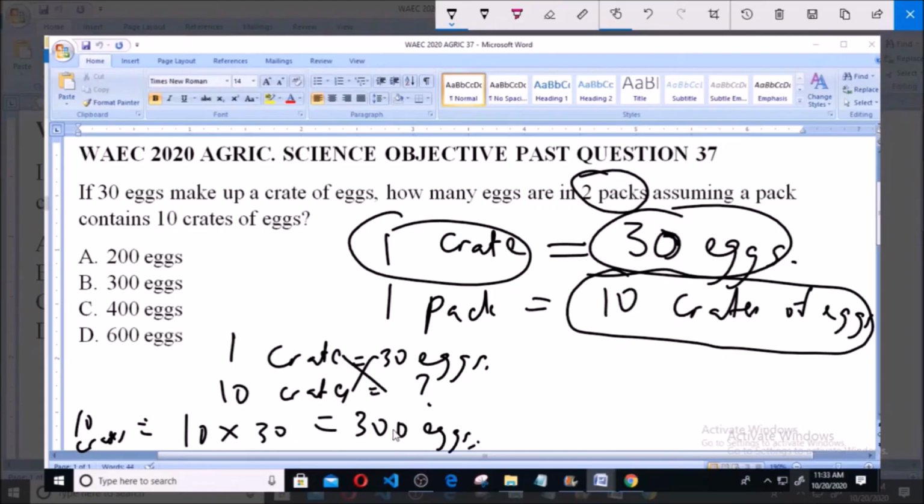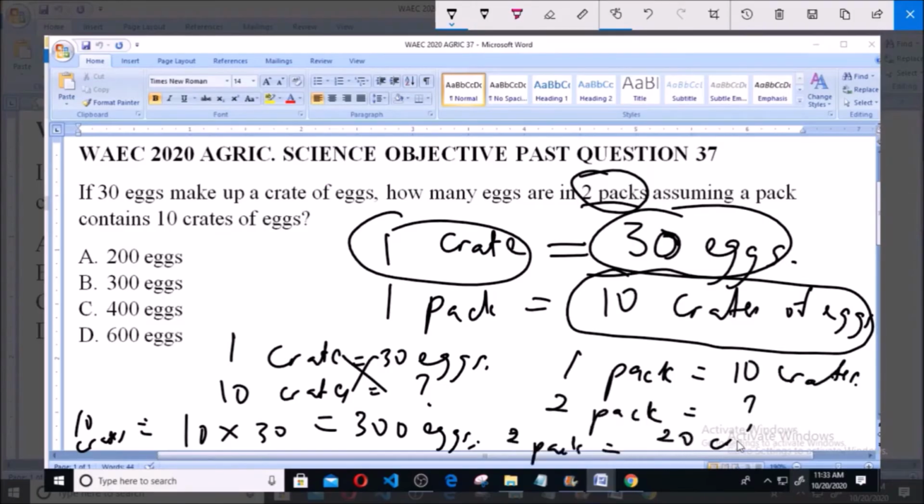Now, since we know the number of eggs in 10 crates, we're asked how many eggs you have in 2 packs. 1 pack contains 10 crates, so 2 packs have 20 crates.